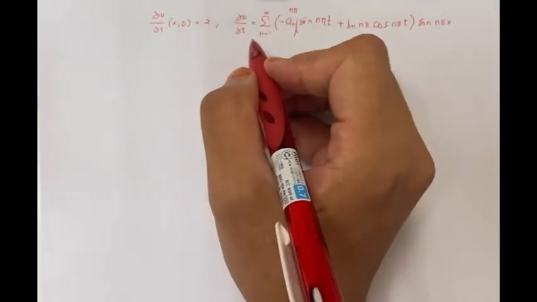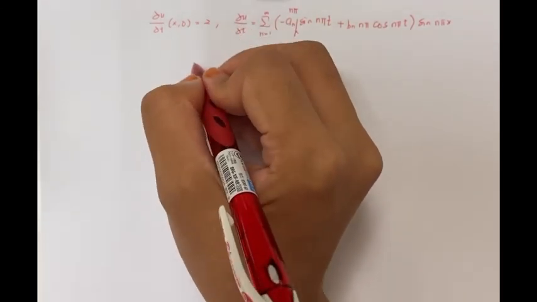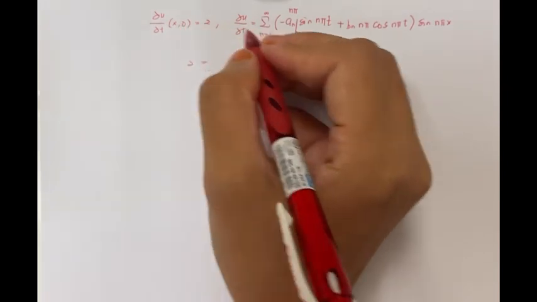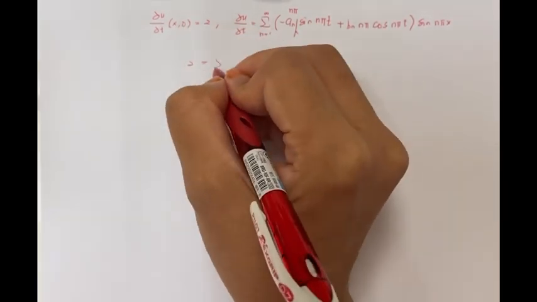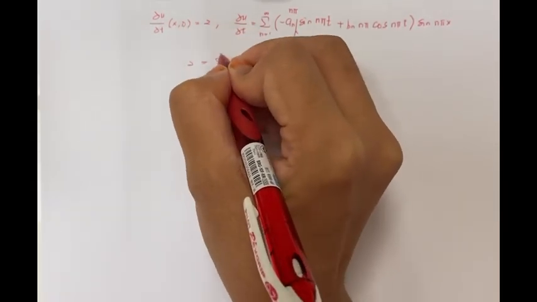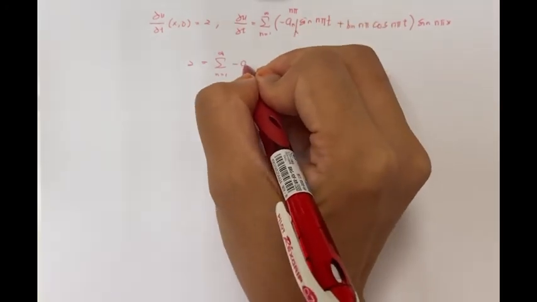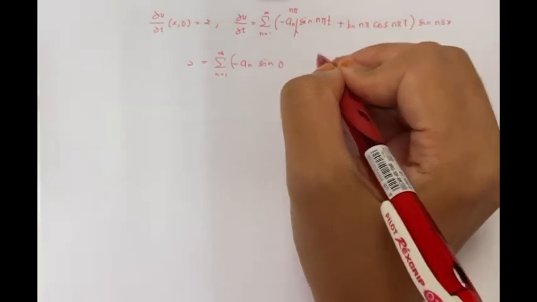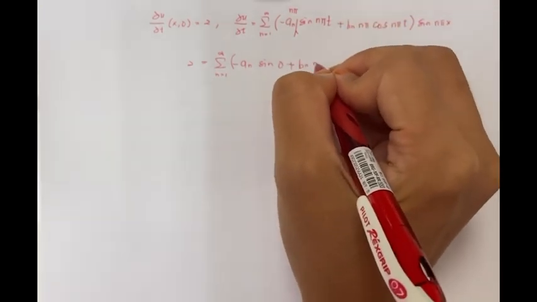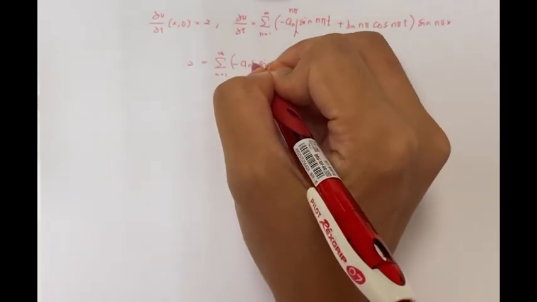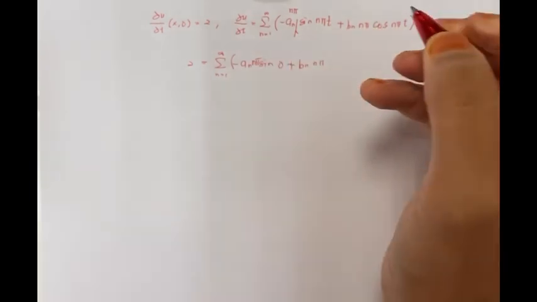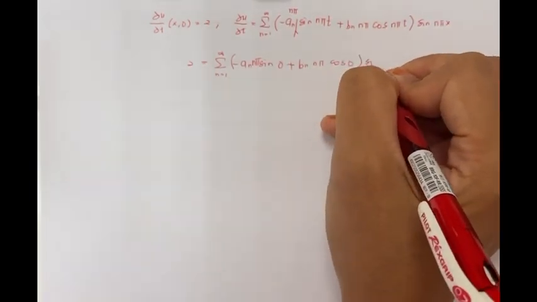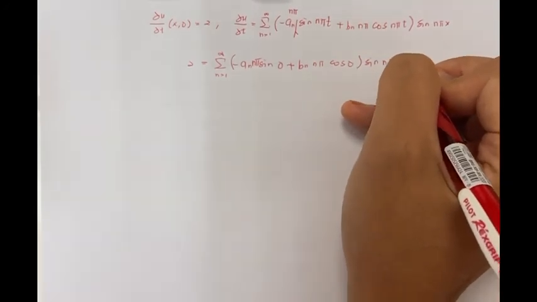Okay, since you have your del u over del t, you can proceed with this substitution. So 2, when t equal to 0. Substitute 0 here. So this one you have negative a_n sin 0 when t equal to 0 plus b_n n pi, okay, n pi cos 0, sin n pi x.